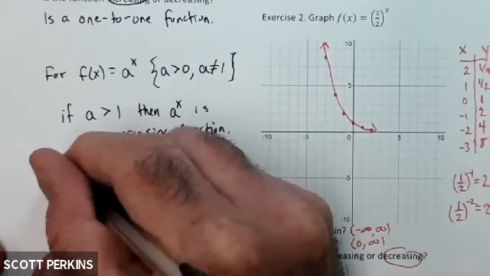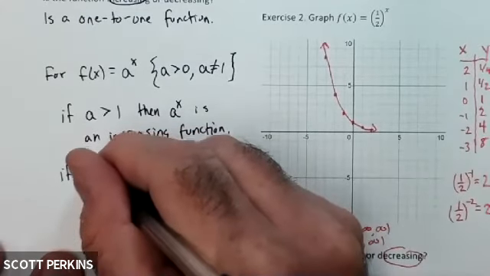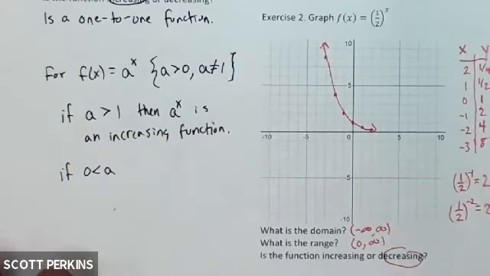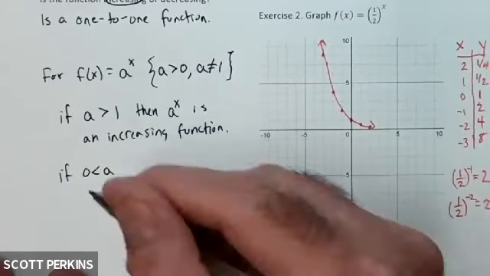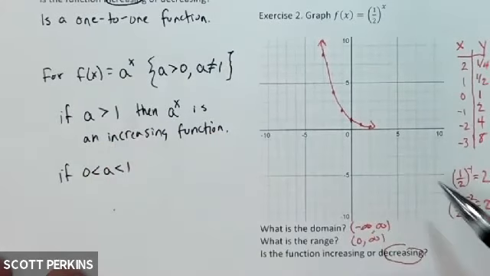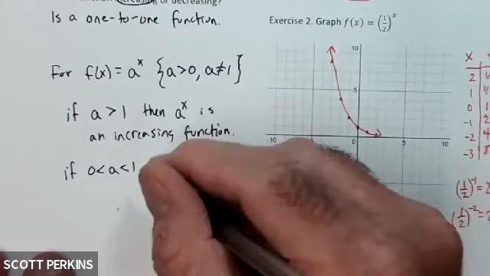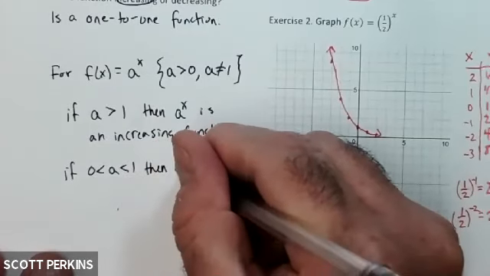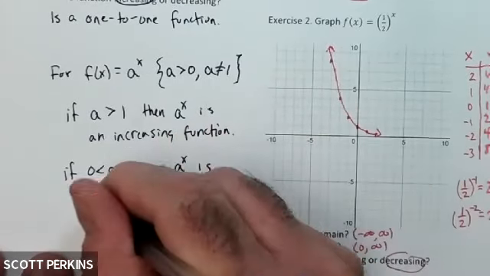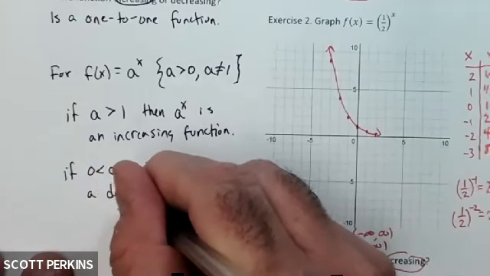And if a is bigger than 0, because again, we're not considering anything less than 0, that's a different type of function for a different math class, much beyond our scope. But it's less than 1, meaning it's fractional, like 1/2 or 2/3 or 1/5 or something. So if you've got a value between 0 and 1, then a to the x is a decreasing function.